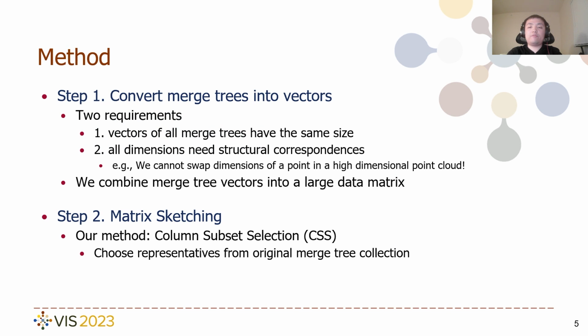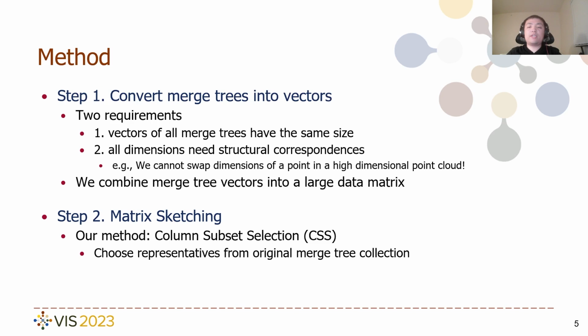To sketch a set of merge trees, we first need to convert merge trees into vectors. There are two requirements. The first one is that vectors of all merge trees should have the same size so that we can concatenate them into a matrix. The second one is that all dimensions must have structural correspondences. For example, in a high-dimensional point cloud, we cannot swap the dimensions of a point because each dimension has its own structure.